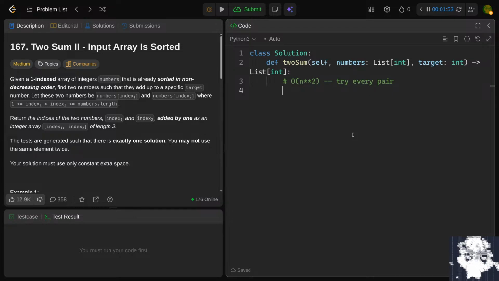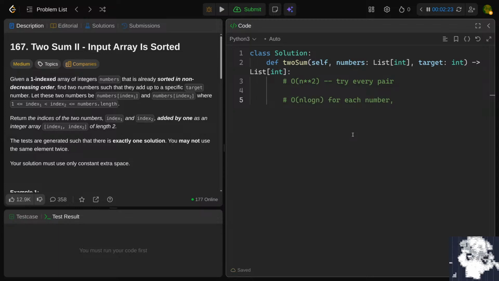So we can find the values we want, basically. So for each number, this actually is n log n.